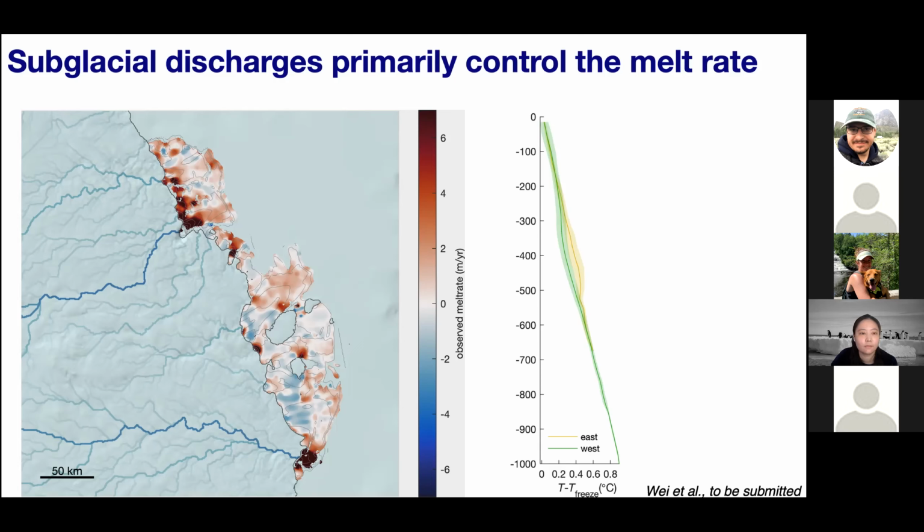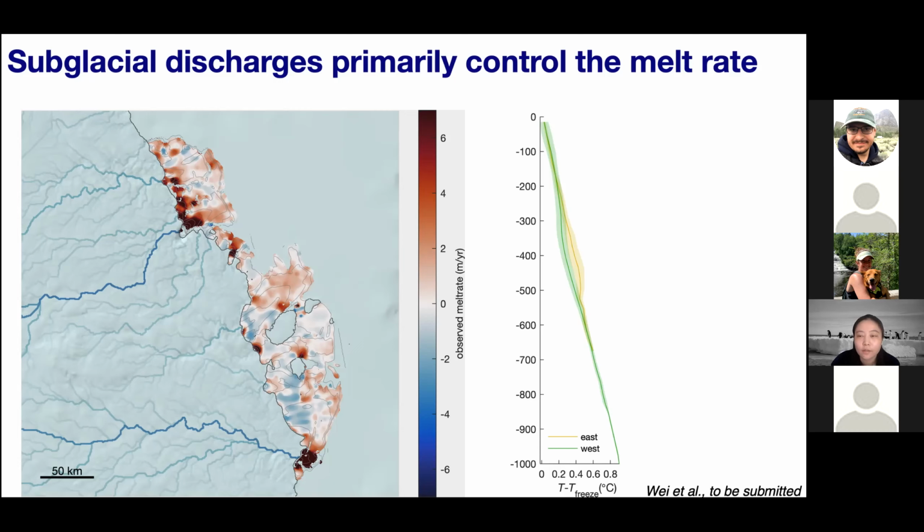Because now we can actually see the melt rates and the topography and the water routing all at once. And interestingly, that one over on the east side of West doesn't seem to have a big impact. What do you think about the accuracy of the topography and the accuracy of the water routing going from east to west?